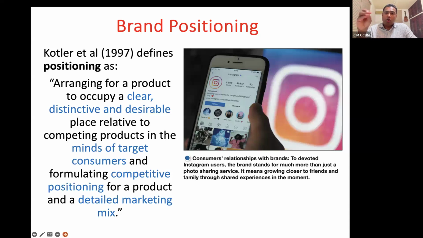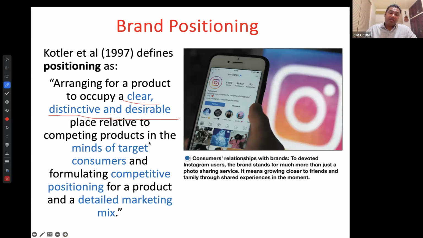Positioning is where you occupy the consumer's mind for some unique benefit that the product offers. For example, positioning is occupying a clear, distinctive, desirable place in the mind of the consumer.